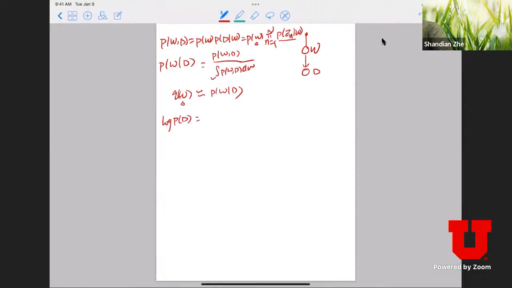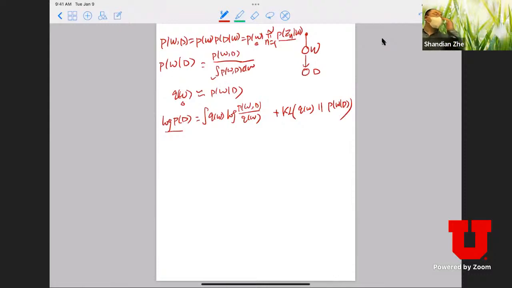We know that the log evidence, which is a fixed quantity, equals the evidence lower bound, which is the expectation of the log fraction of the joint distribution over the approximate distribution, plus the KL divergence from the approximate posterior Q of W to the true posterior.